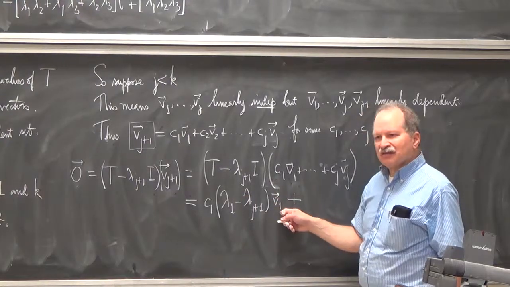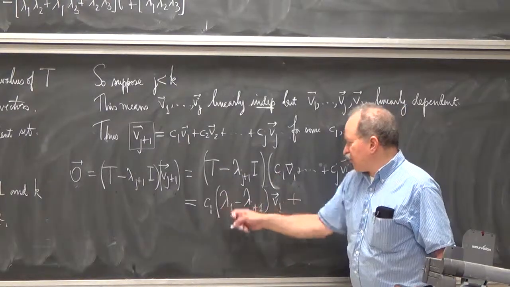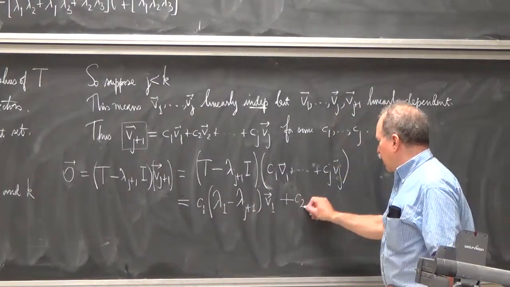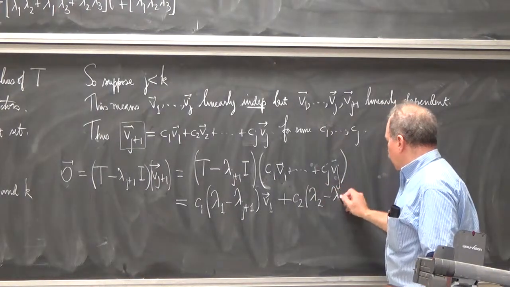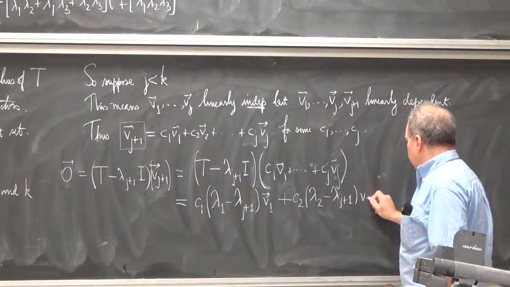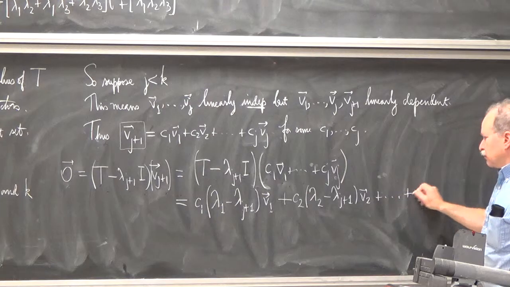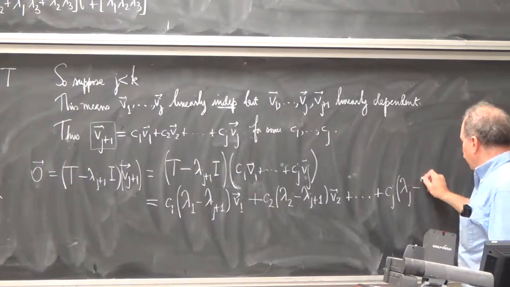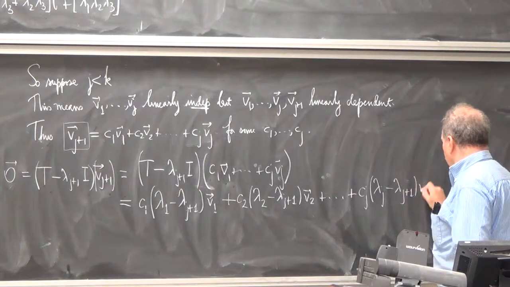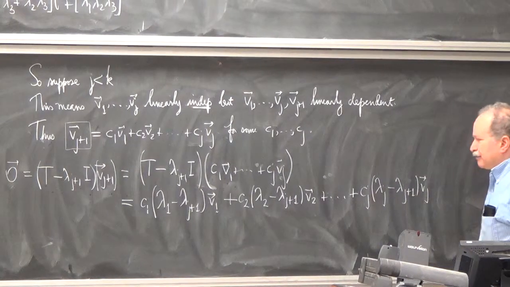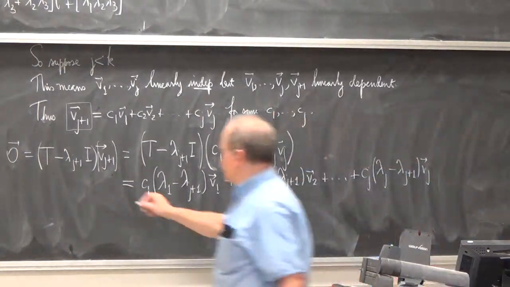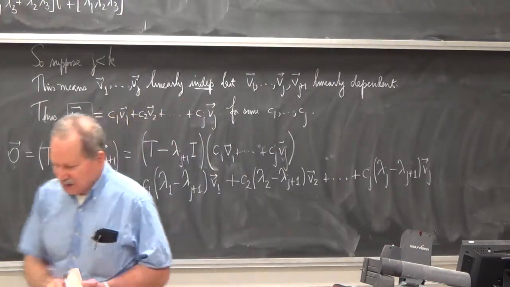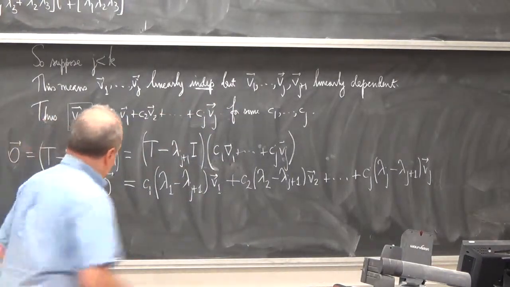Factoring out, I have the scalar that pulled out, the difference of the lambdas, and I get that for every one of these terms with the corresponding difference of eigenvalues. Does everyone agree? So I have 0 equals this, and that's so important I'm going to box it.